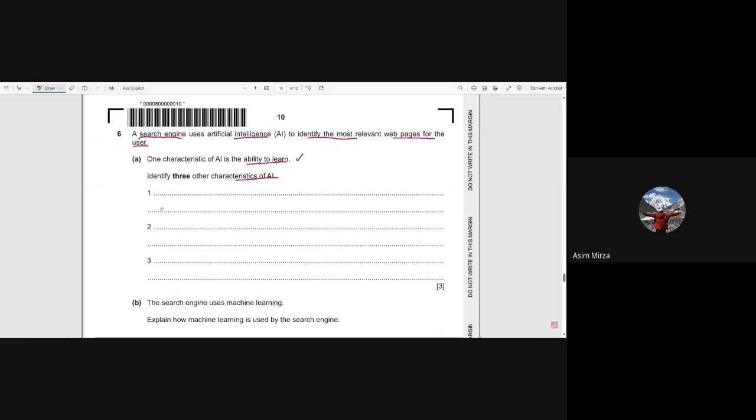And the other can be the collection of data from different resources, and it sets up the rules for the data, and it should have the ability to adapt and reason.